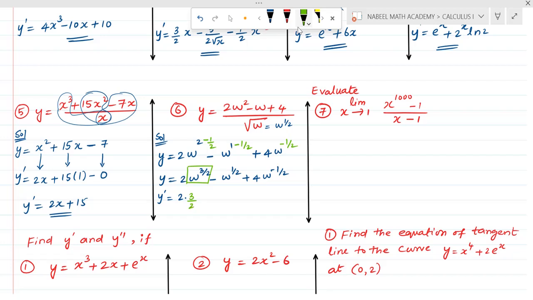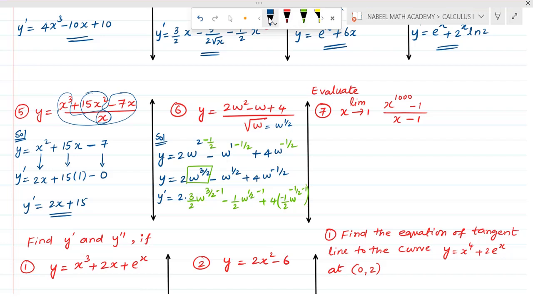This is the x power n rule. So 3 over 2 w to the power 3 over 2 minus 1. Next, minus 1 over 2 w to the power half minus 1, plus 4 times minus 1 over 2 w to the power minus half minus 1.